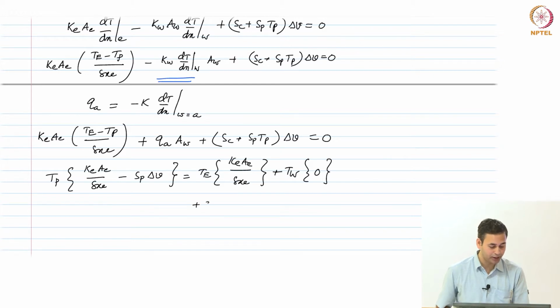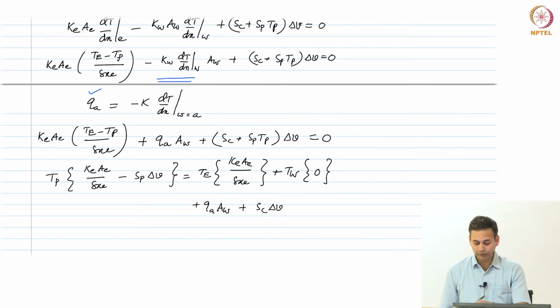Plus we have QA times AW, the heat flux boundary condition, which is already known, times the area, plus SC times delta V.